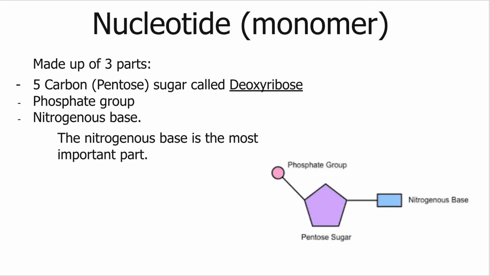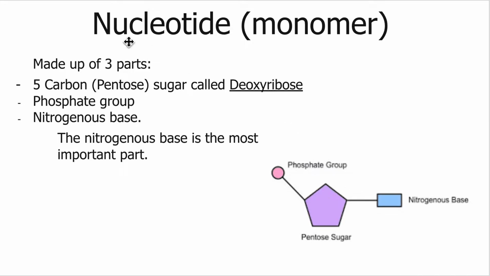Now, to really understand what DNA looks like and how it's made, you need to understand what a nucleotide is. A nucleotide is the monomer for DNA and for RNA, and this is really important for you to understand, so I'd actually draw one of these in your notes.